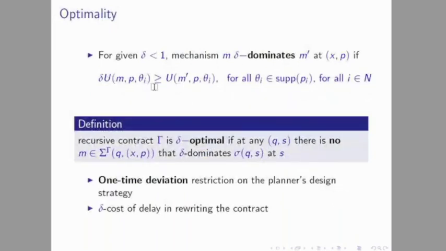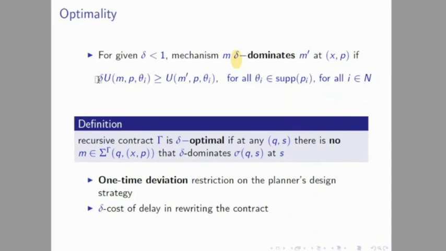It's a little bit like the renegotiation that we introduced before, but now there is a small discount factor, delta, which is a number presumably close to 1, but not quite 1. So there is an arbitrarily small cost of renegotiation here.